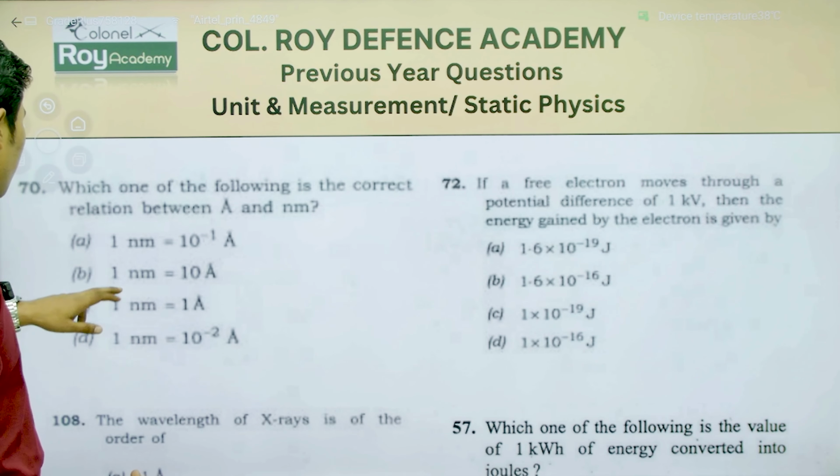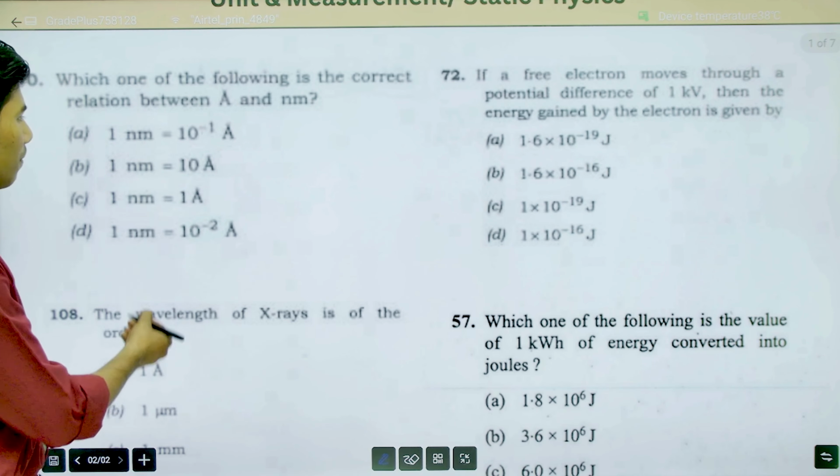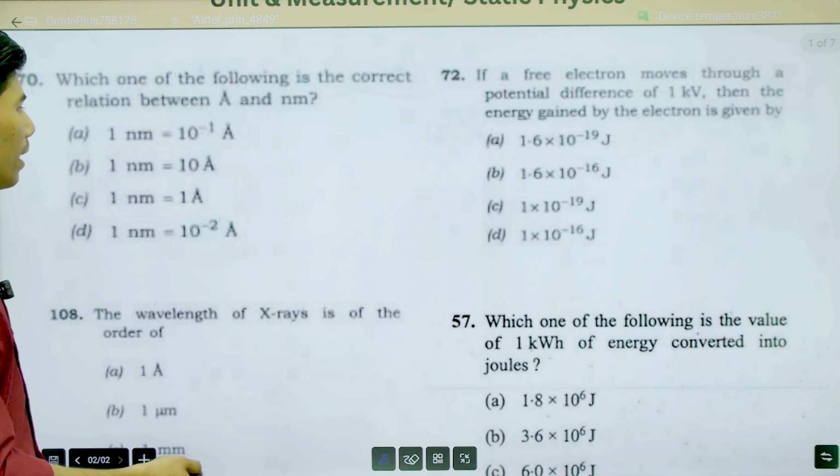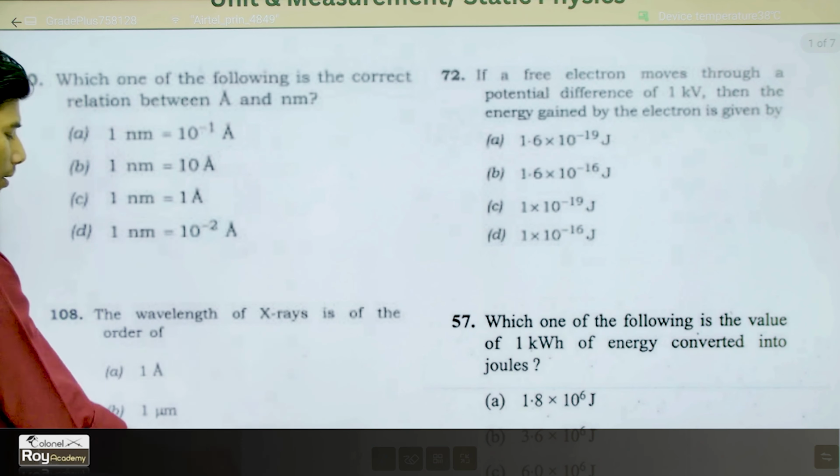So here is the first question asked in NDA, a basic question: which one of the following is the correct relation between angstrom and nanometer?